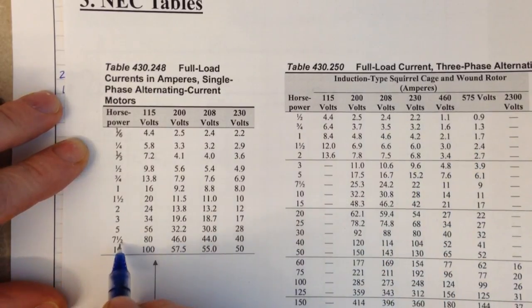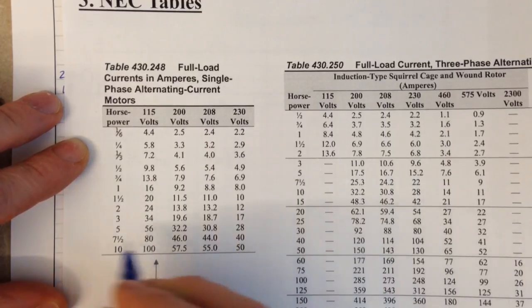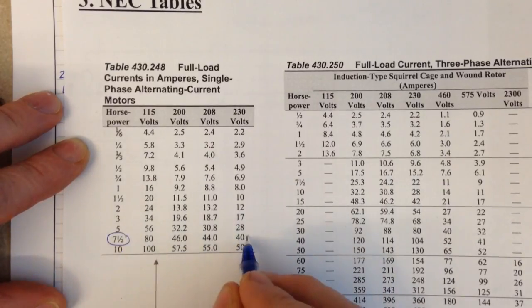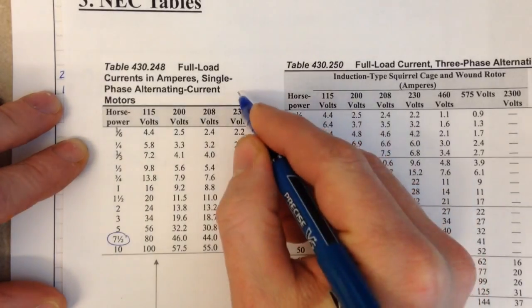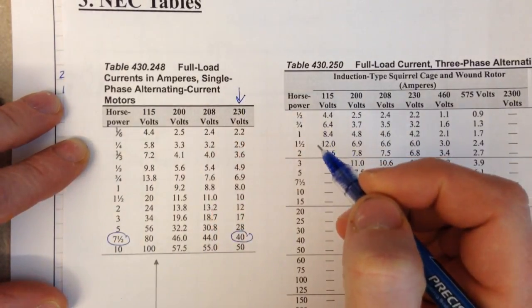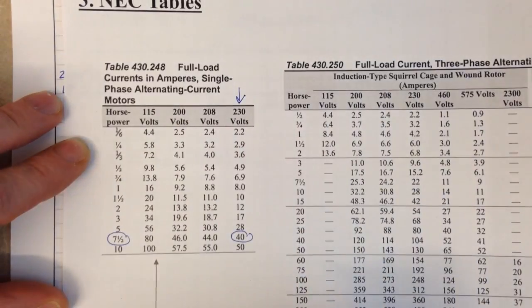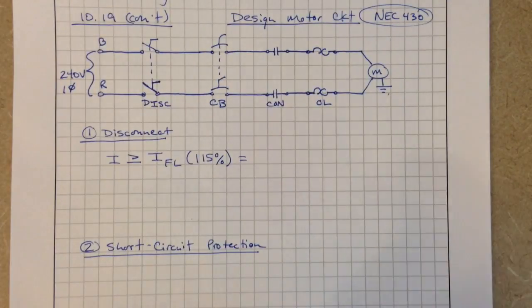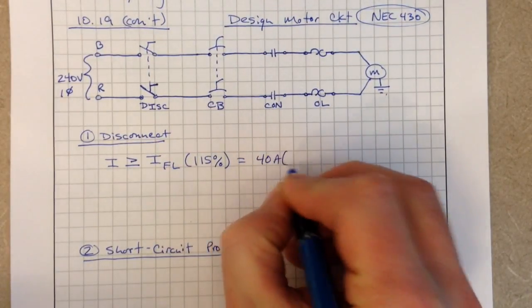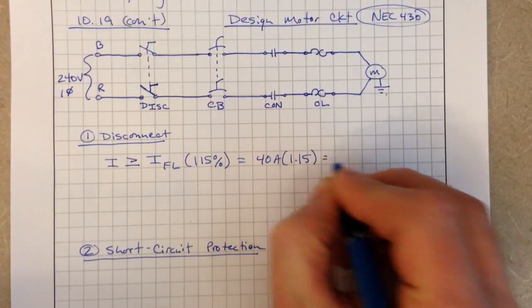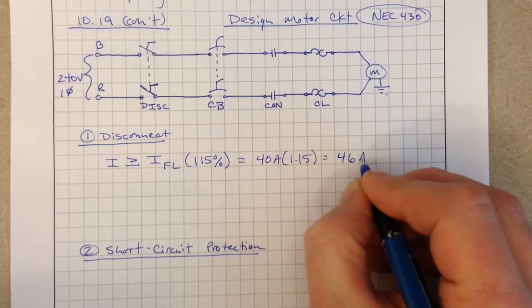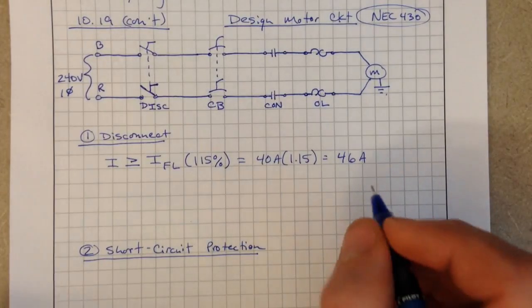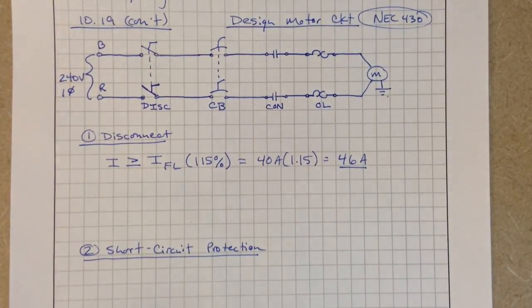Looking at the 7.5 horsepower motor, we come across to 40 amps, because that's our 230, 240. So we're going to use 40 amps for our full load current. So 40 amps times 1.15 equals 46 amps. So we need to have a disconnect that's rated at least 46 amps.